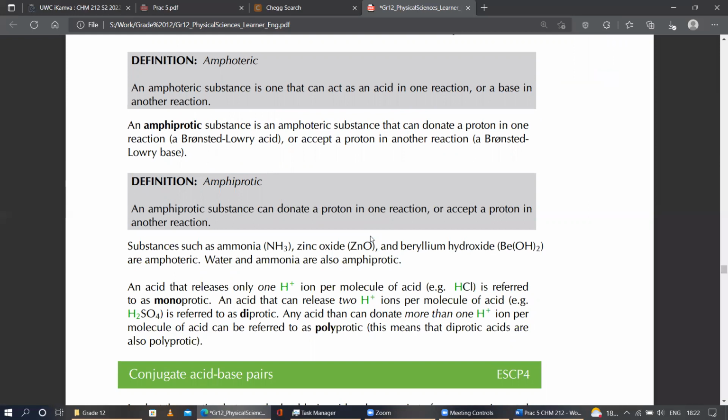And an amphiprotic substance is able to donate a proton and accept a proton depending on the conditions of the reaction. So here they're just gonna give you some definitions: when a molecule has only one proton, it is called monoprotic. Two protons, diprotic, and more than that, it becomes poly.